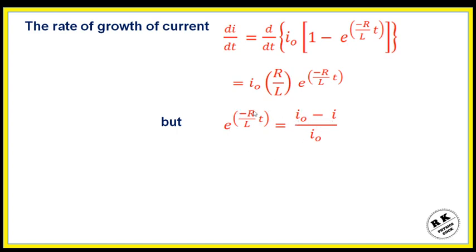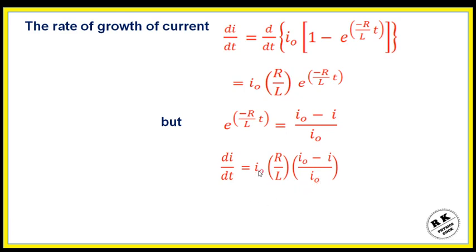Let us write this into the previous equation. If we write this, the equation becomes dI by dt is equal to I naught times R by L times I naught minus I by I naught.